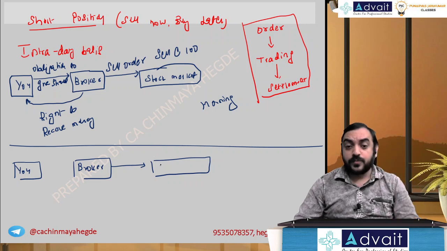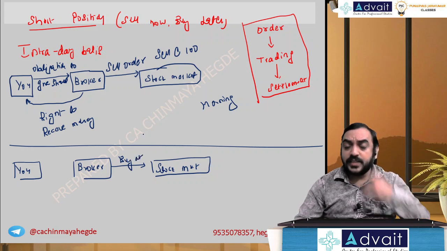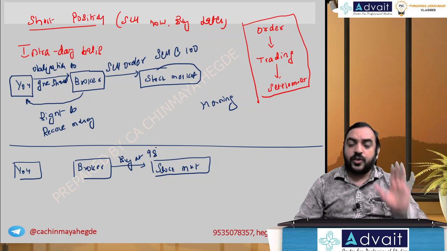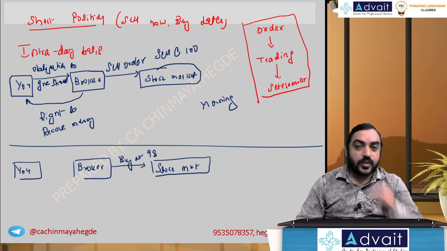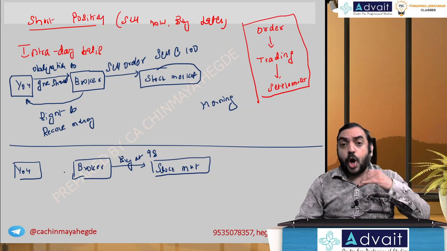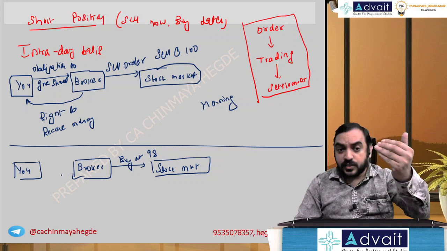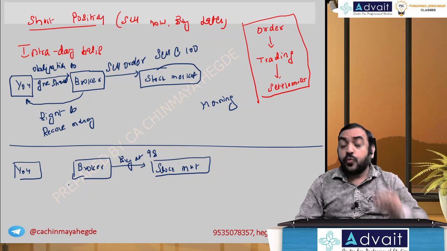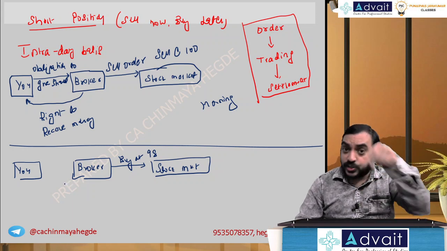Same share. In stock market, you buy at that point in time. Let's say market price went down to 98 rupees. Now earlier, you had the obligation to give shares and right to receive money. What you have now? You are buying the same share.